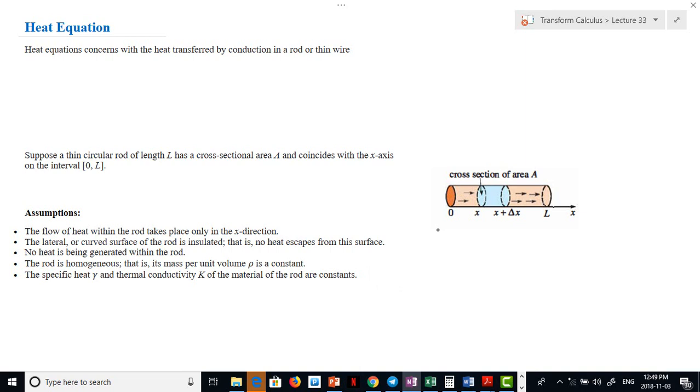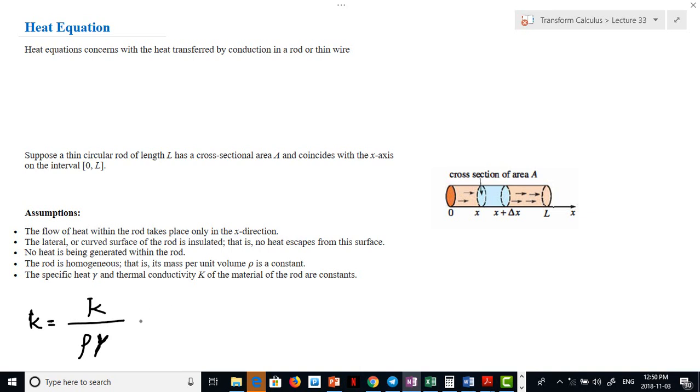So if we have these assumptions, we can define a new parameter which is called small k, which is equal to K capital, where we define K capital as thermal conductivity, divided by rho, which is the density of the rod, times gamma, which is the specific heat.